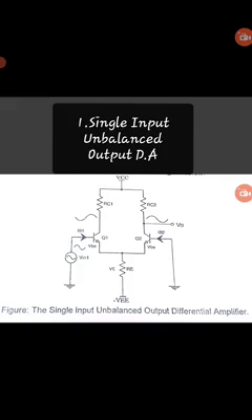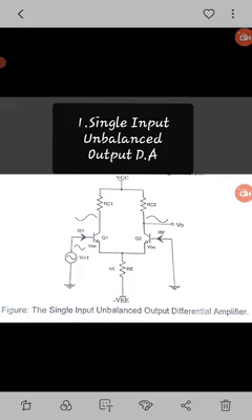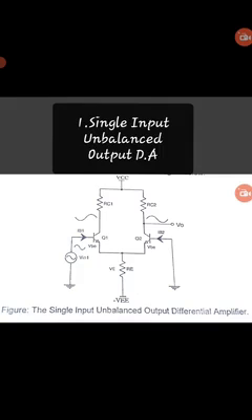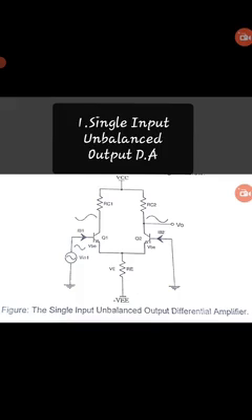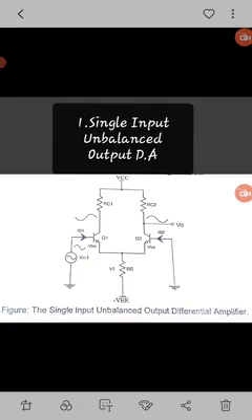The figure shows that when input signal Vin1 is applied to the transistor Q1, an amplified and inverted voltage gets generated at the collector of the transistor Q1.